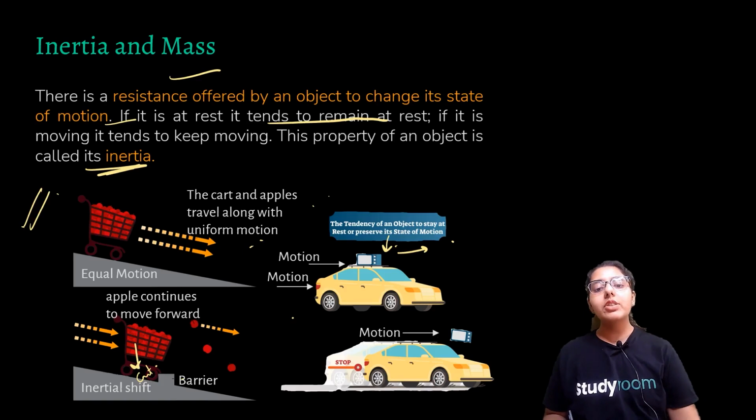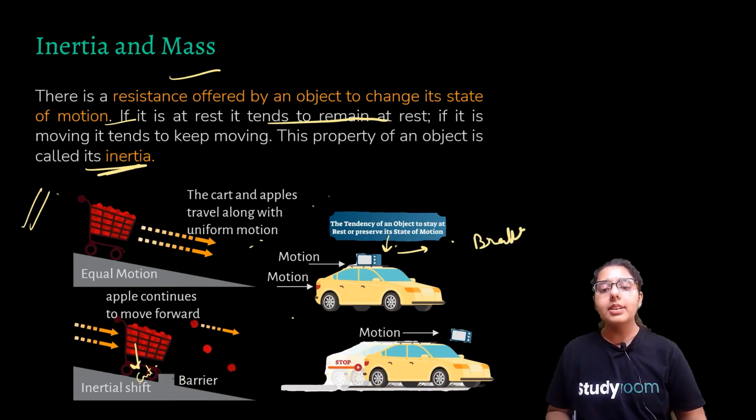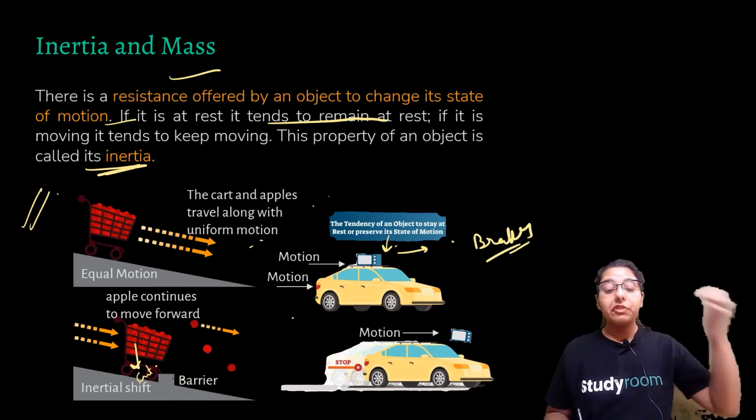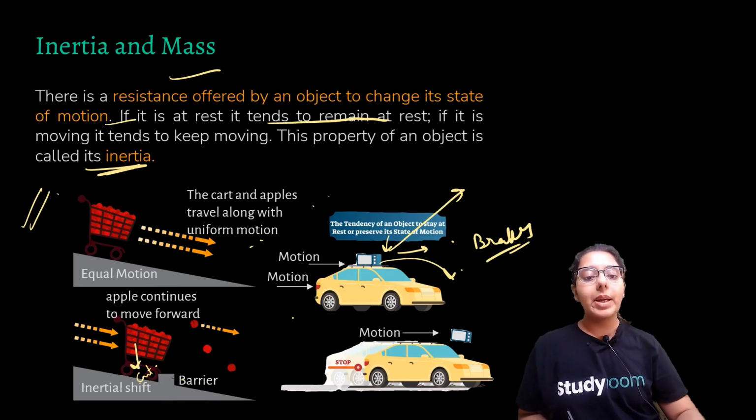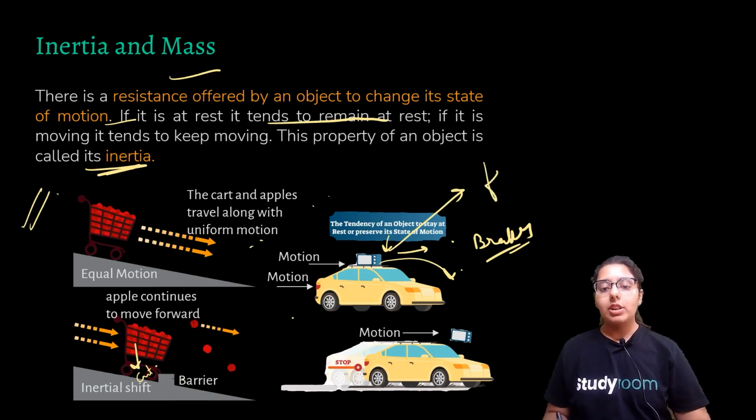When you suddenly apply brakes, this radio will fall downwards. Why so? It will tend to stay in motion because it was already in motion. So when brakes are applied, your radio falls due to inertia of motion.